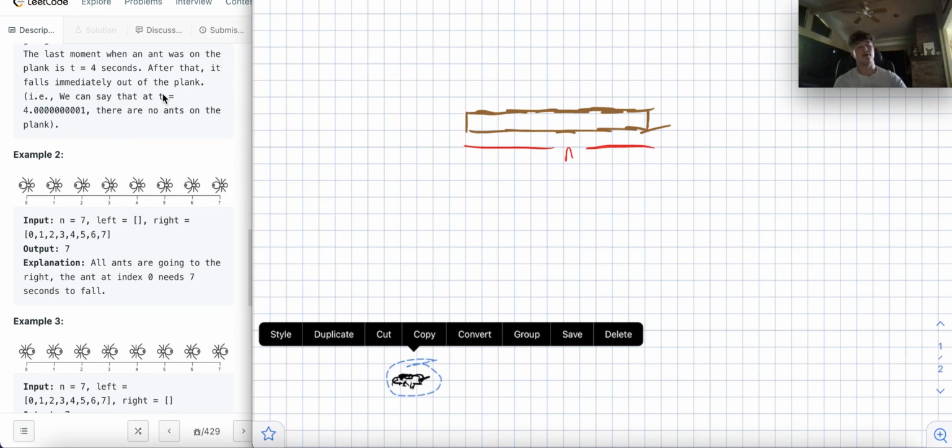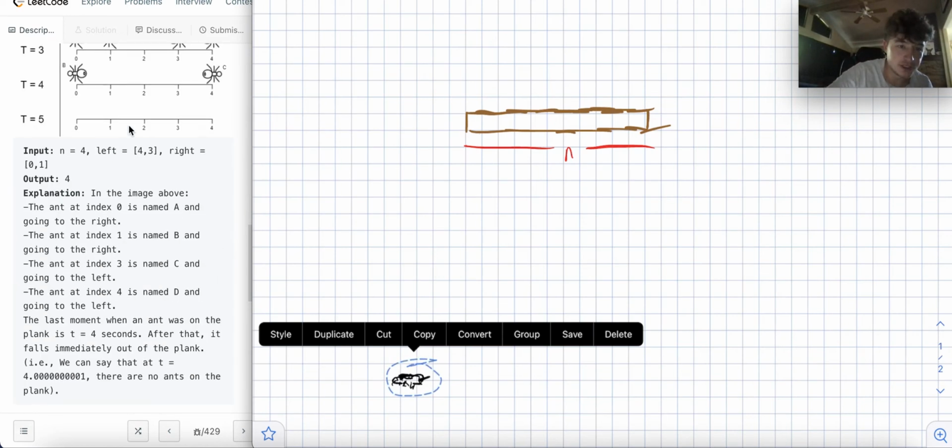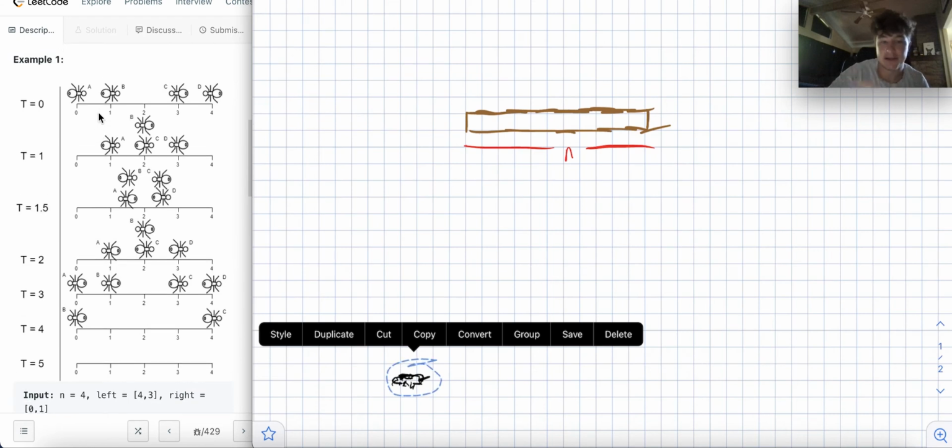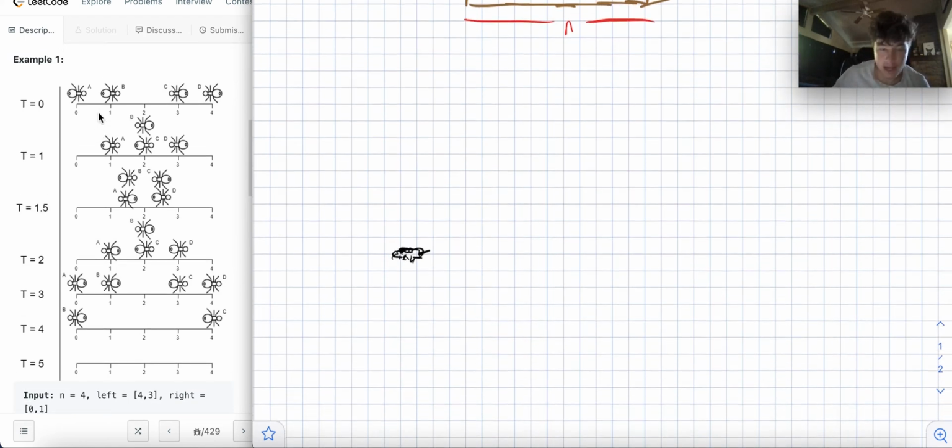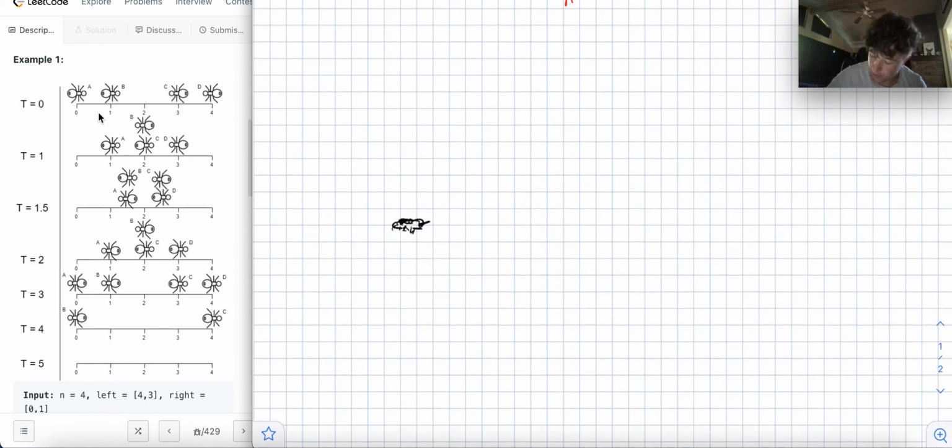Okay. Now, what I'm going to do here is write this down again with our ants. I'm just going to use the letters, and we're going to notice something very interesting that is not always immediately recognizable.